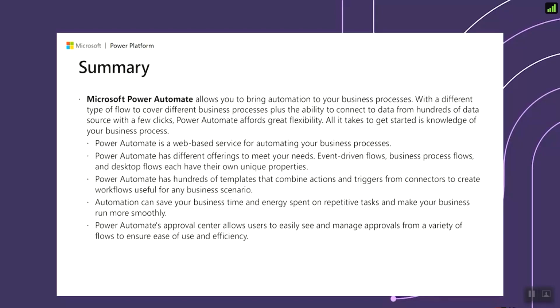Power Automate has hundreds of templates that combine actions and triggers from connectors to create workflows useful for any business scenario. Your automation can save your business a lot of time and energy that you spent on repetitive tasks and make your business run more smoothly. Power Automate Approval Center allows users to easily see and manage approvals from a variety of flows to ensure ease of use and efficiency.